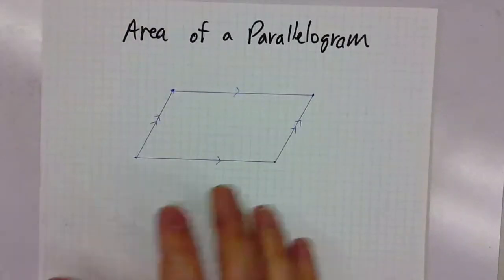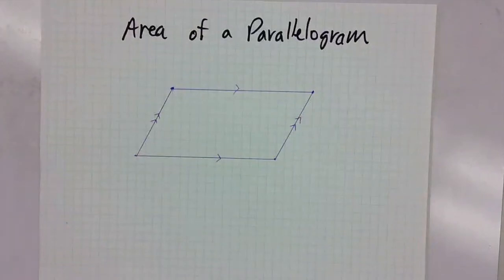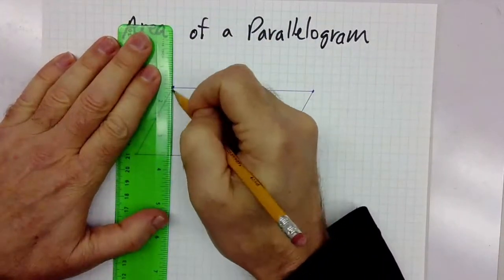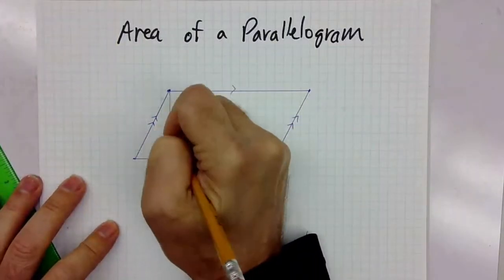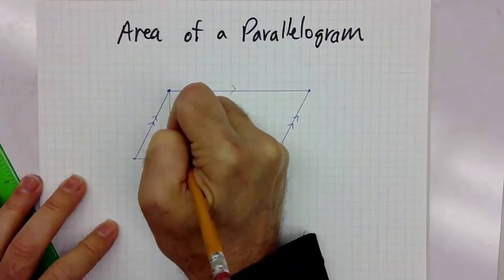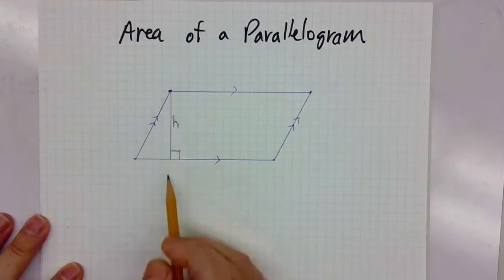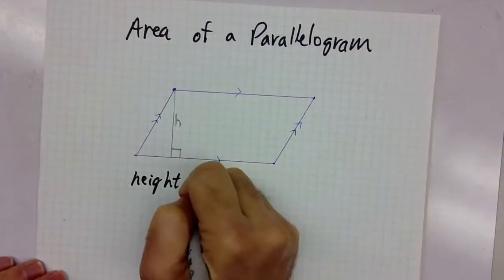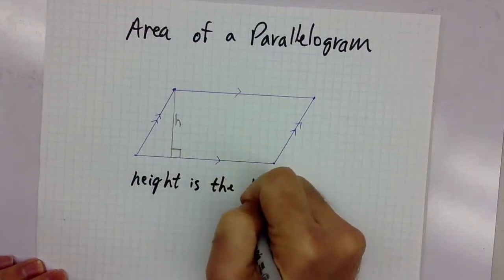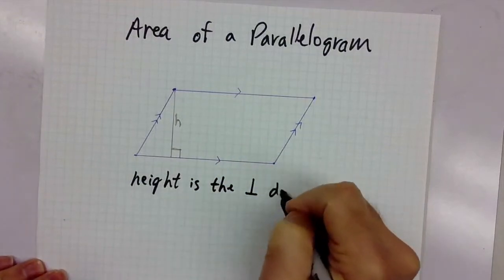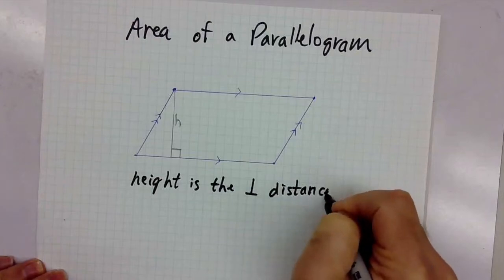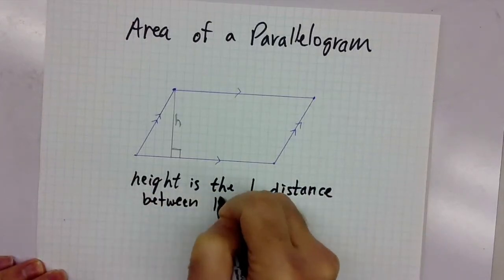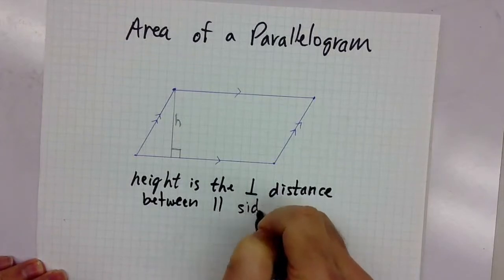So you'll notice when you're taking a test and they give you a parallelogram, they'll usually give you a height. They'll give you a little perpendicular and say, okay, here's the height of the parallelogram. What is height? It's the perpendicular distance between parallel sides.